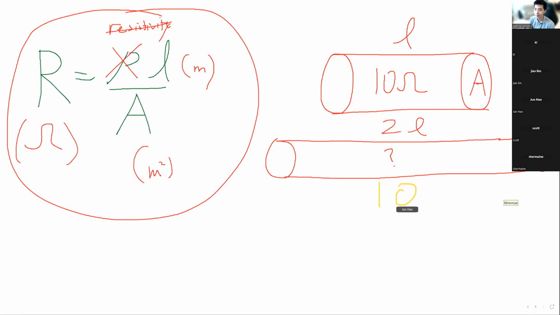Okay. 10, is it? Why 10? Same material, but obviously it's a longer length. It's a longer length and it's half the area though.